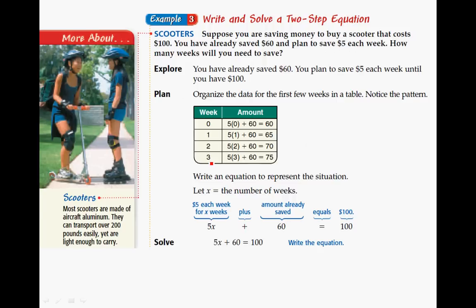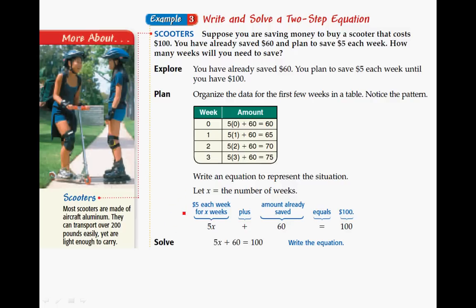Alright, here is another word problem about scooters. So exploring, planning, and then solving. And you can do this by working out the equation too. The planning is not really necessary unless you need to figure out the answer, but right now we are just concerned with writing the equation.